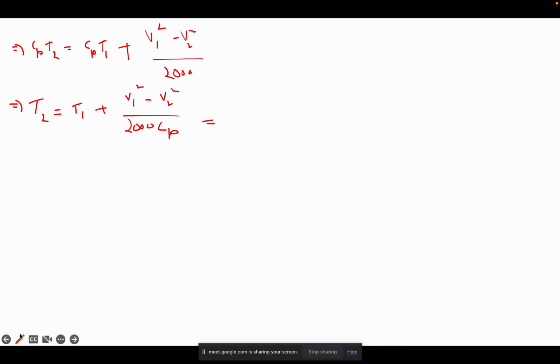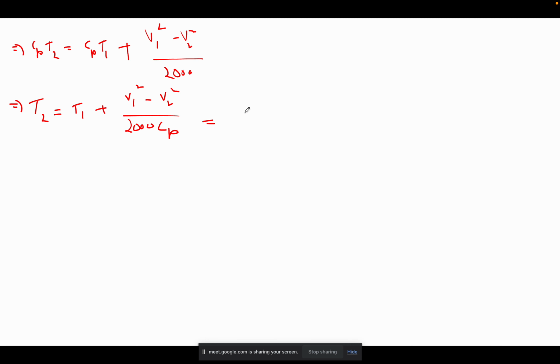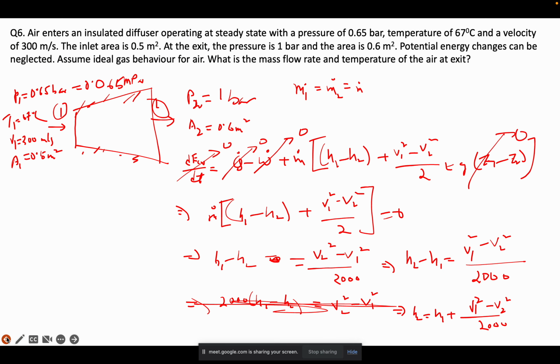Okay, so what is my T1? My T1 is basically 67 degrees Celsius plus v1 squared minus v2 squared.